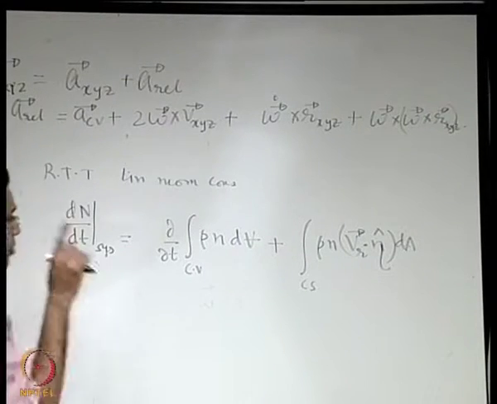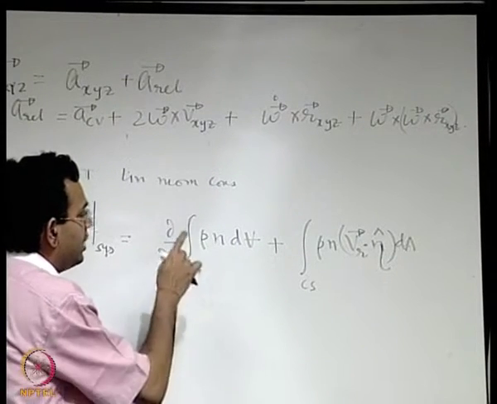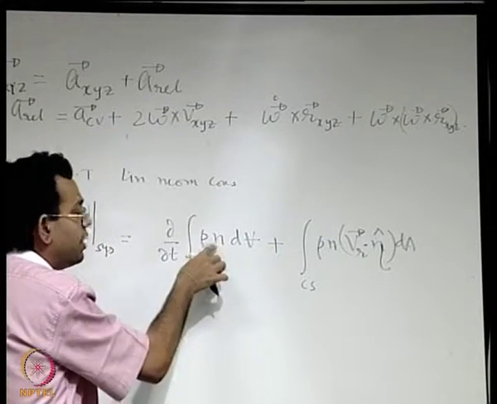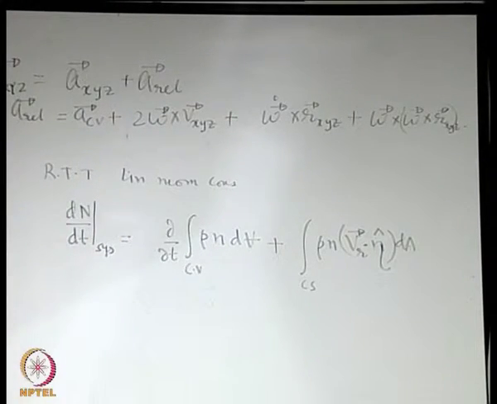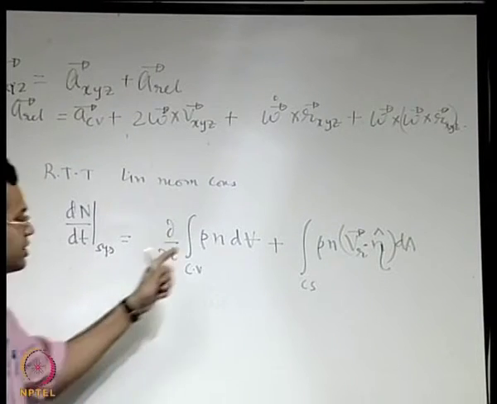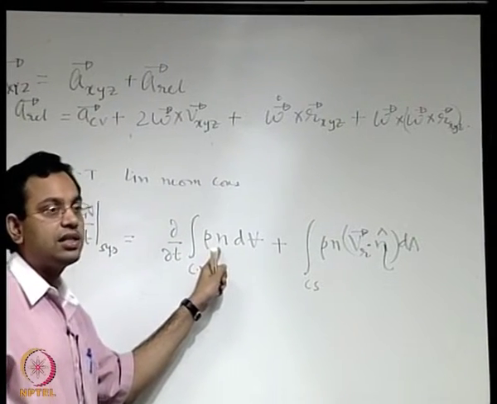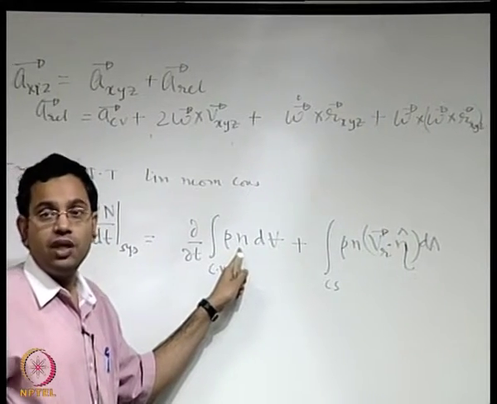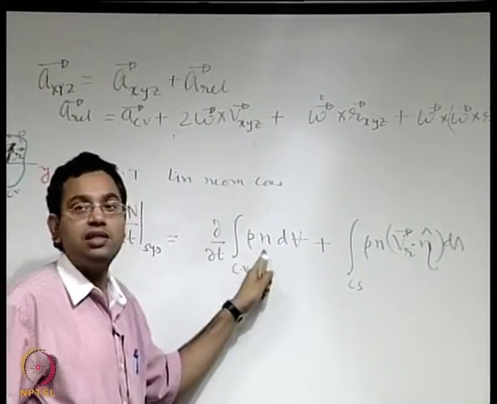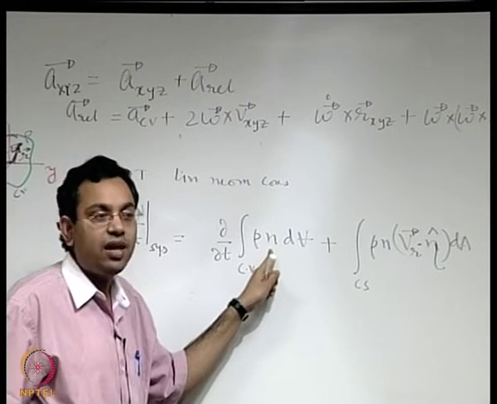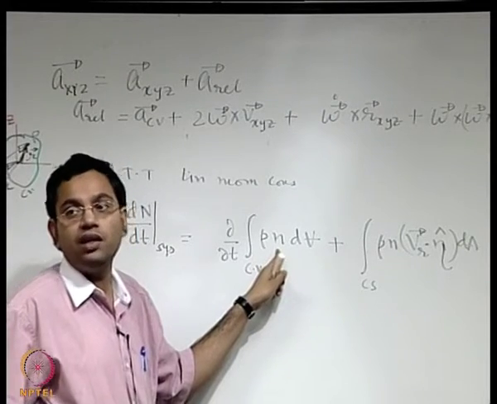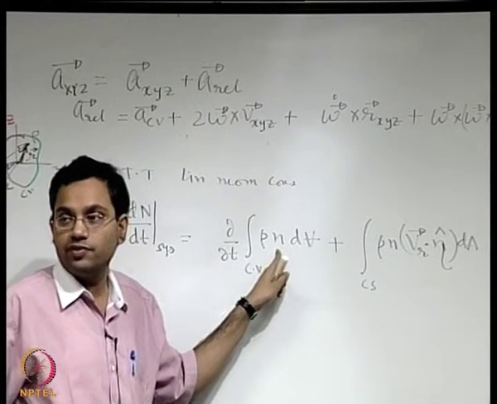Now, one important thing is that we have no restriction on the choice of this capital N and small n, that is we are not restricted to write these only as quantities relative to an inertial reference frame. We may even write these relative to quantities in a non-inertial reference frame, because when we derived this theorem we never had any consideration for a specific inertial or non-inertial choice of the reference frame.